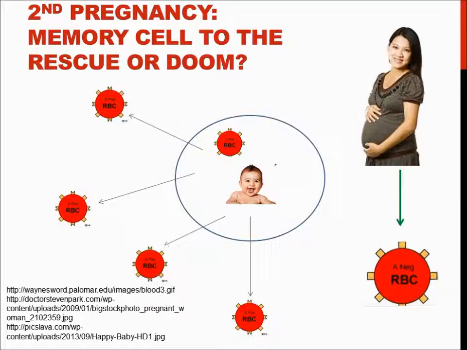We have a mother who is blood type A and is negative for the Rh antigen, and she has a baby that, of all the chances, is type A and also has the Rh antigen. What's going to happen, as in the previous scenario, is the baby's red blood cells are going to leak into the mother's bloodstream again and cause another reaction.